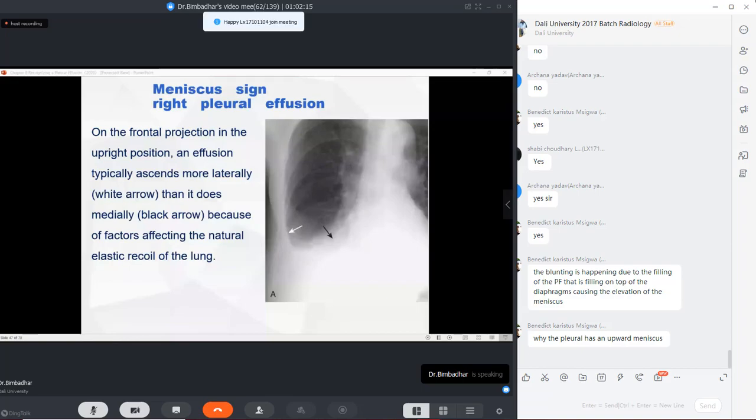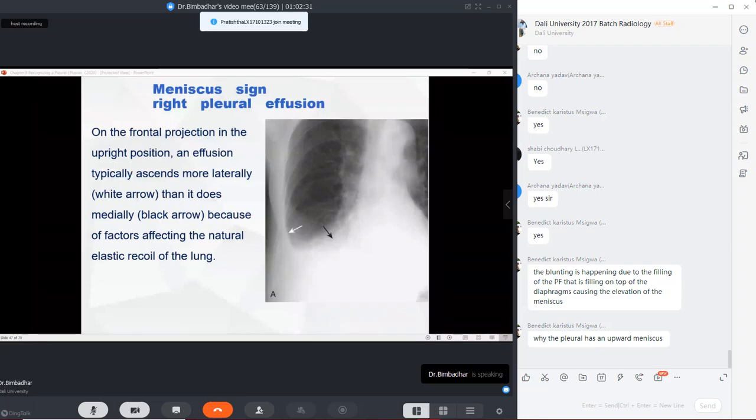See, that is actually because of the surface tension. Why is the meniscus upwards? No, the meniscus is not upwards. It is a U shape.